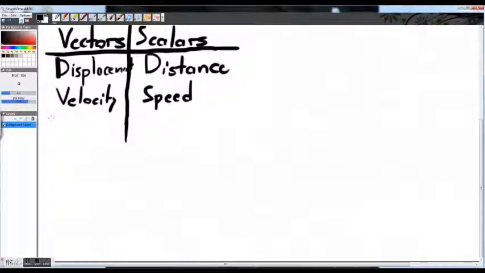So we're going to add acceleration to our vectors, because it is in fact a vector. We can have a positive or negative acceleration. Usually, in common parlance, we term a negative acceleration a deceleration. However, since there's no reason why an acceleration can't be negative, we don't say deceleration in physics, usually.